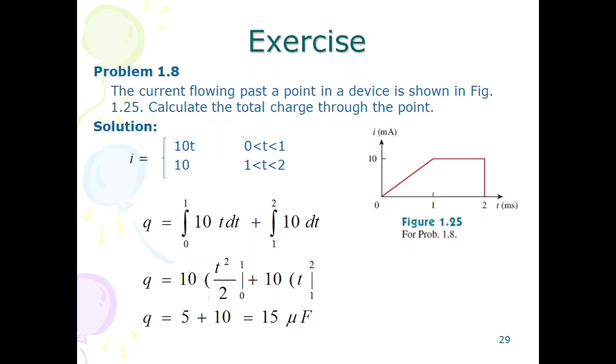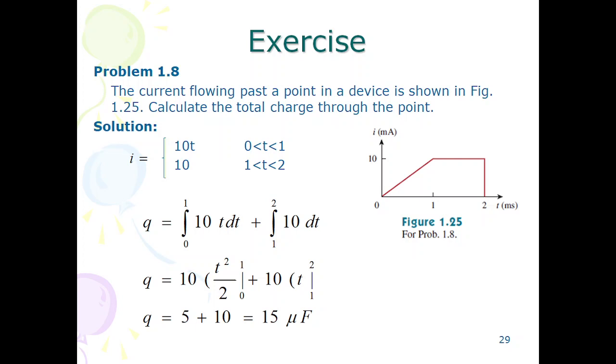Current is 10t, meaning the slope is 10, while we use the x-axis as time and the vertical axis as amperes, and the value is 10t from 0 to 1 millisecond, whereas from 1 to 2 its value is 10 and the value is constant.